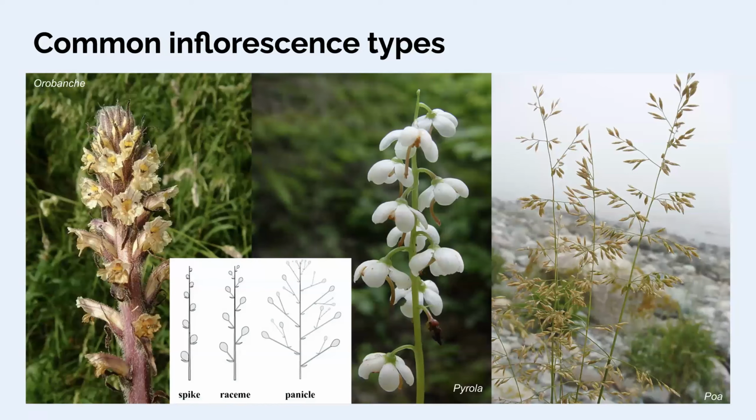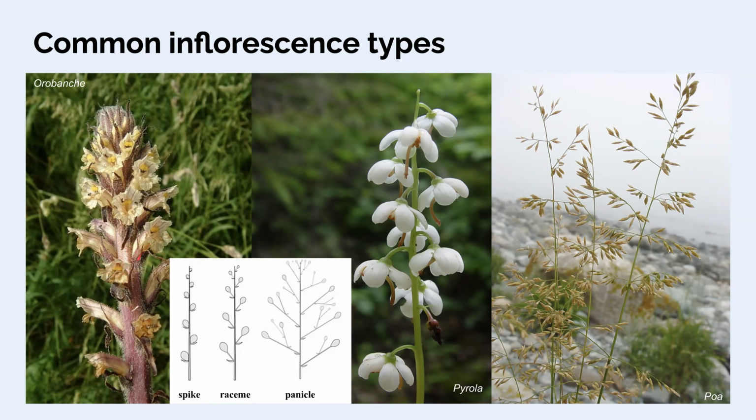There's a lot of terms and variations on inflorescence type. For my classes, I think it's most useful to know these kinds of terms, just the really basic types. You might see these described in the books that you use to identify the plants. You can have inflorescences made up of a single flower. Those would be solitary. And these are cases where you have several flowers in the inflorescence. And the differences are in the spike.